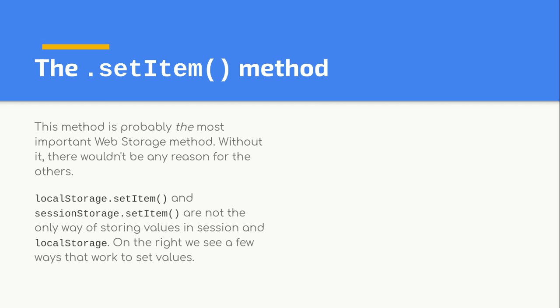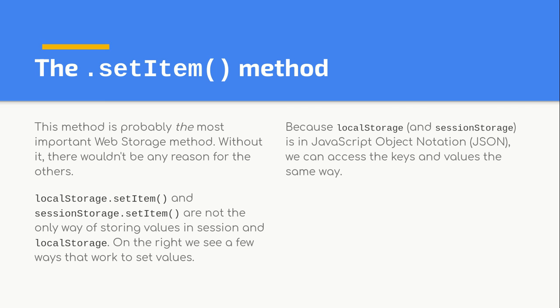And so the .setItem is not the only way that you can store values in your local storage. And then on the right we'll show them.